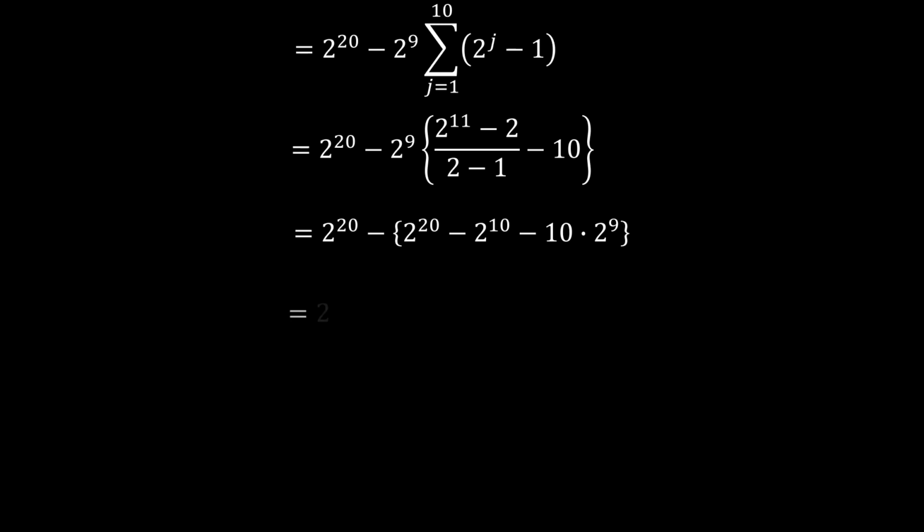Now what this means is that these 2 to the power 20s cancel out, and we're left with this positive, because we have two negatives here, 2 to the power 10, which can be expressed as 2 times 2 to the power 9, and then plus 10 times 2 to the power 9, because this negative and this negative become positive. So this results in 12 times 2 to the power 9, and this is the final answer.